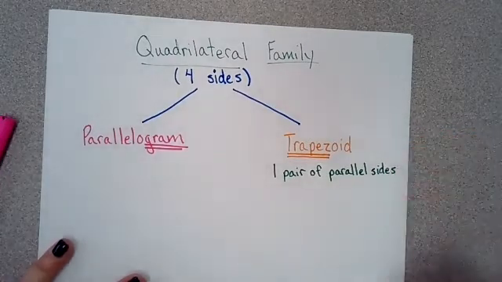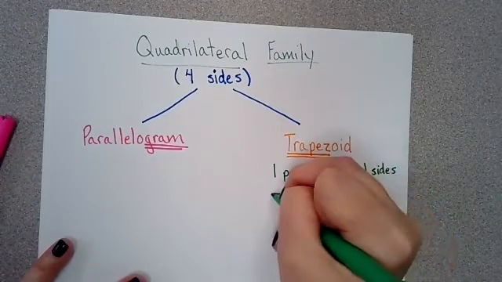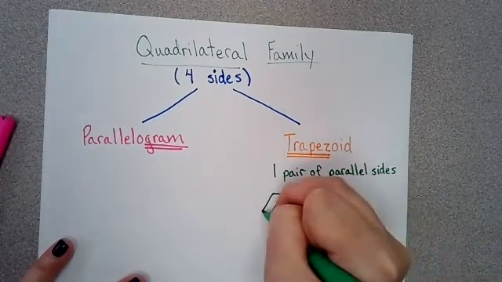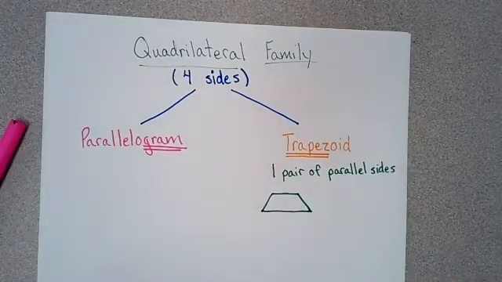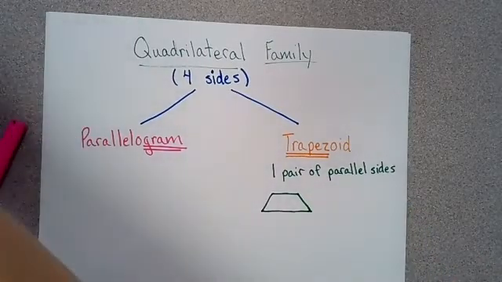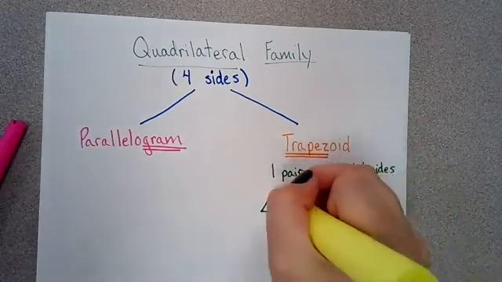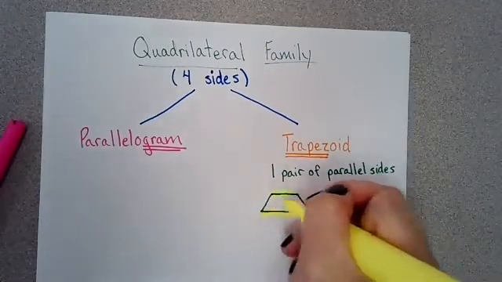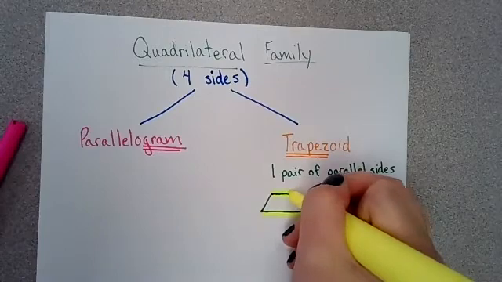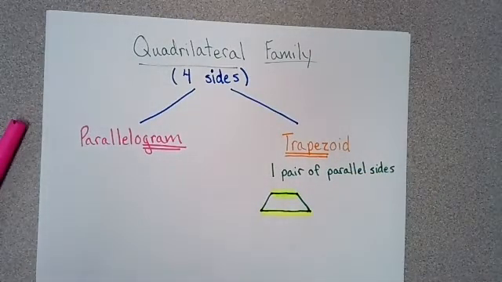Sometimes Trapezoid looks like this. So he's still got 4 sides, but only this side and this side are parallel. So they'll run side by side forever, but never touch, okay? So sometimes he looks like this. He's got 1 pair of parallel sides.